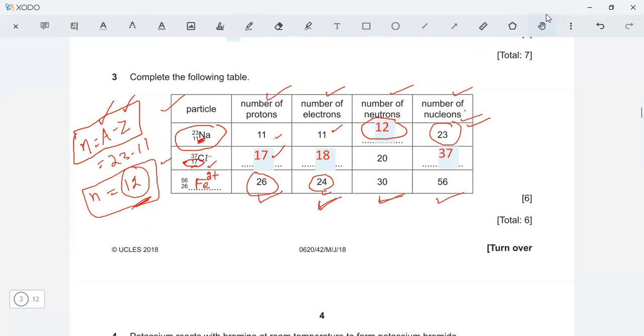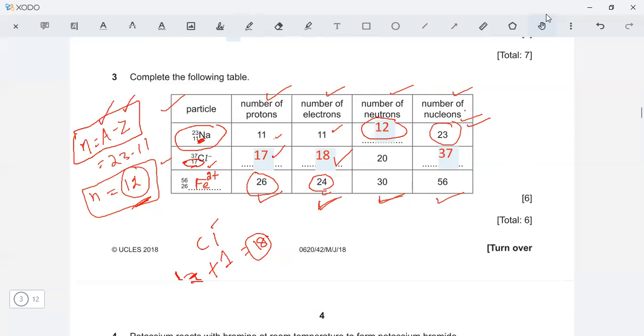But here chlorine minus is there. That means chlorine has gained one extra electron. Before it was 17, after gaining one electron, it became 18. So that means for chlorine minus you write an ion, because it is not an atom, it is an ion. So the electron number will be 18.